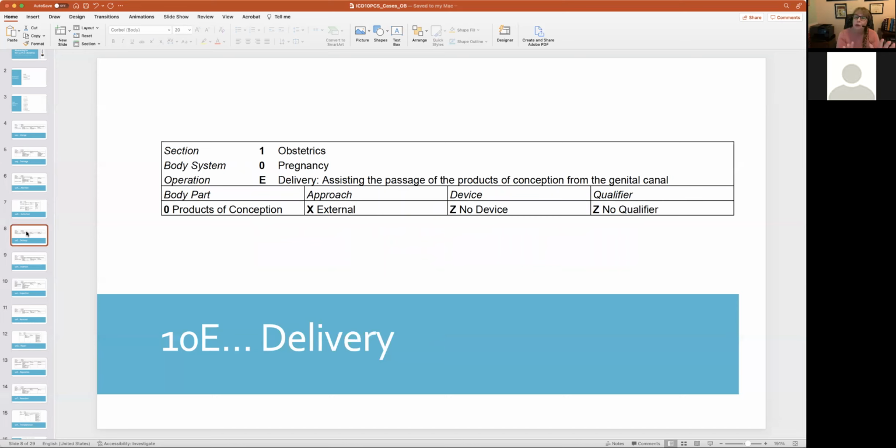Okay, you'll notice that if this is exactly what is documented in the physician's notes, you have no decisions to make at all, because it's 10E0XZZ. Okay. And you'll notice the approach is external, because you're waiting for the products of conception, the baby, followed by the umbilical cord.